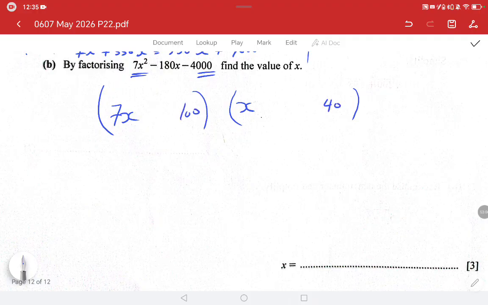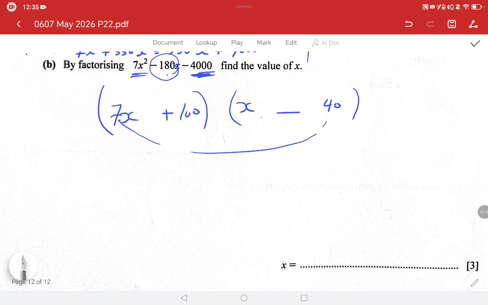This one is negative, so we have different signs here: one of them positive, one negative. The big one needs to be negative, so I'll make this one negative and this one positive.